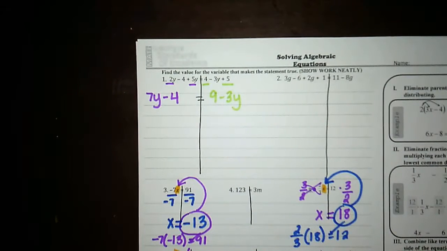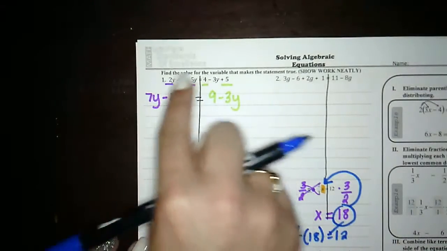And from here, you can start moving whichever you want to either side. This is why this line down the middle of the equal sign helps. It keeps you in line so you know what signs need to change. We need all of our y's on one side and all of our constants on the other. So you can pick whatever you want to move first. So let's start with this 4. Right now it's negative.